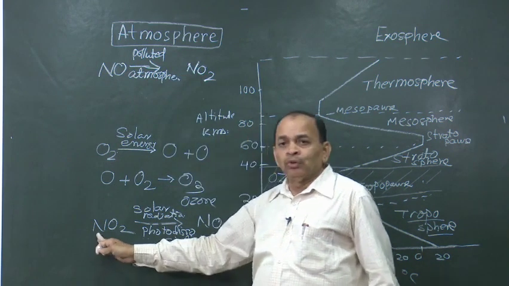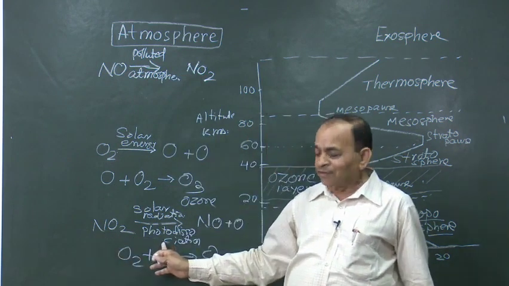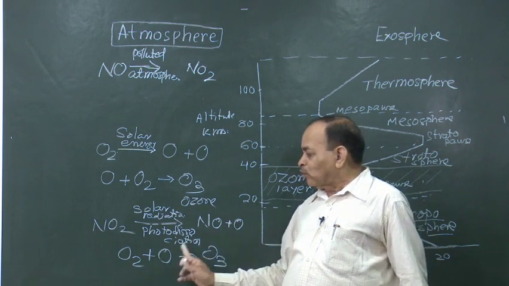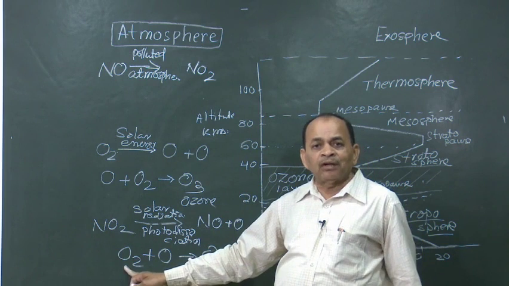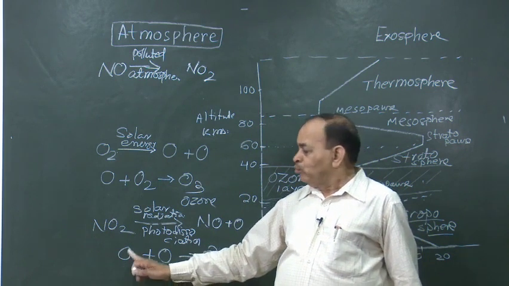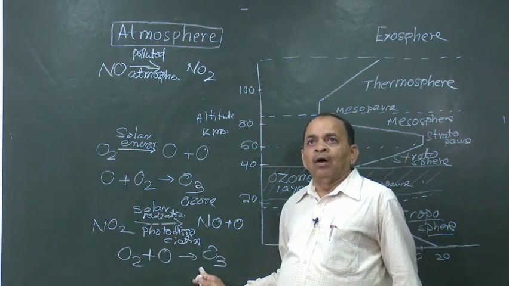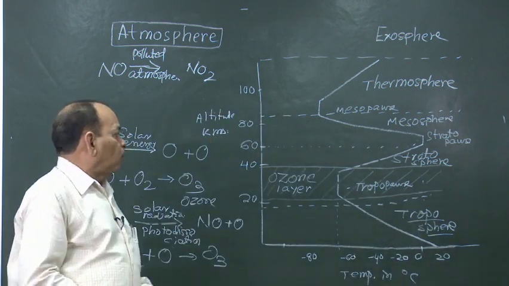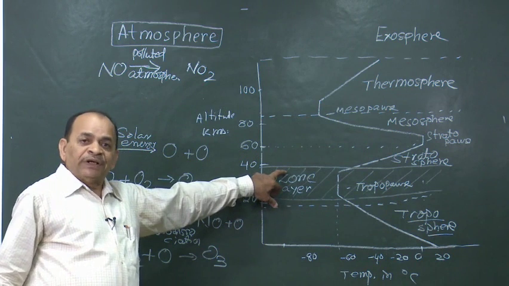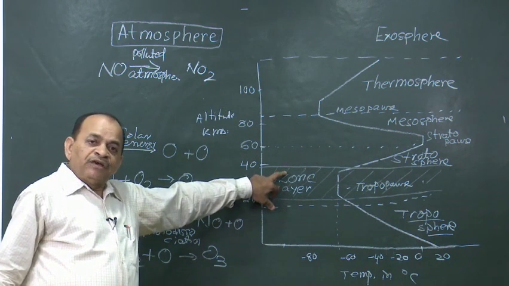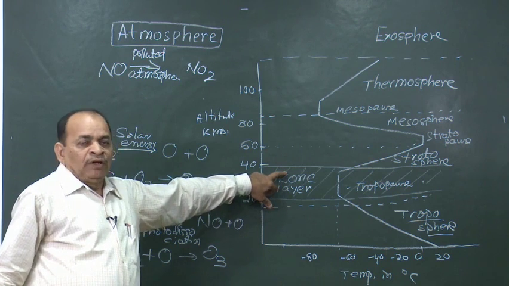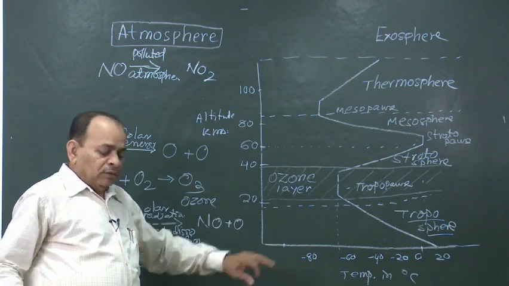Then NO2 undergoes photodissociation, O is formed, atomic oxygen. Now, atomic oxygen combines with molecular oxygen forming the O3 or the ozone. So, this is how ozone is formed in the stratosphere. So, there is a difference in the formation of the ozone layer in the stratosphere and in the troposphere.